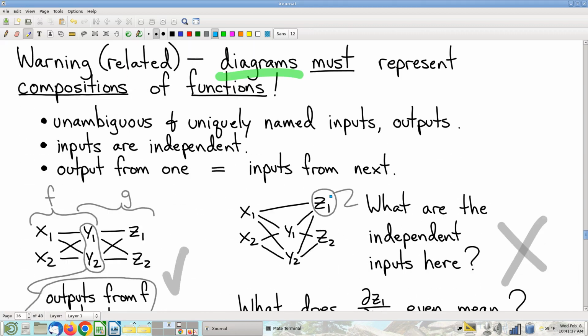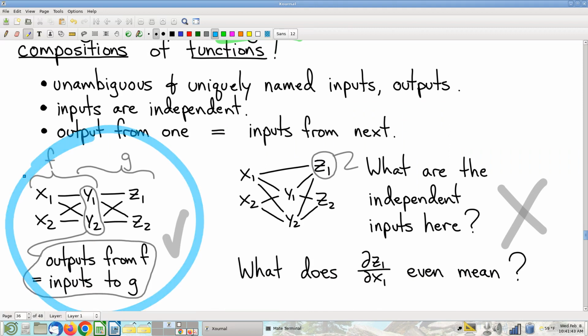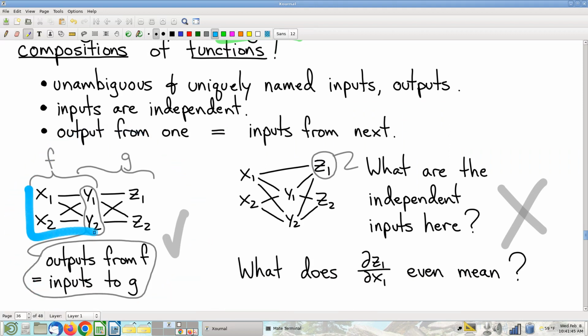Okay. All right. So, fine, no problem. But you'll write down stuff like this diagram right here. Perfectly fine. You can see I've got my first function. The y's are functions of the x's. And second function, the z's are functions of the y's. No problem. Everything fits. This is actually a composition of functions because I can identify what the functions are in the diagram.